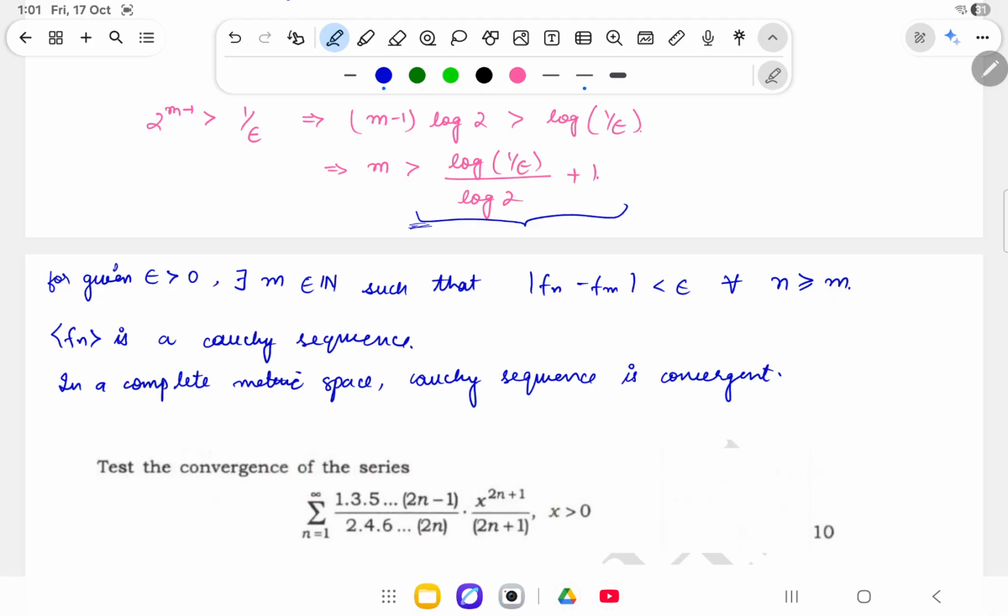So our sequence fn, which is defined as 1 plus 1 by 1 factorial plus 1 by 2 factorial up till 1 by n factorial, is a convergent sequence.